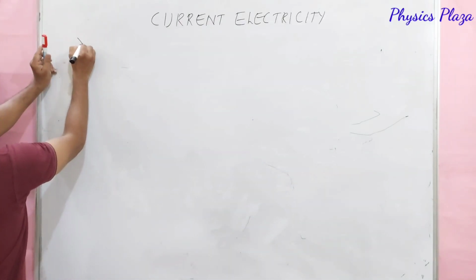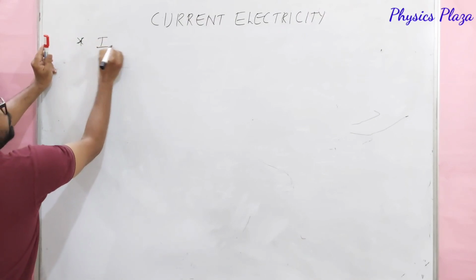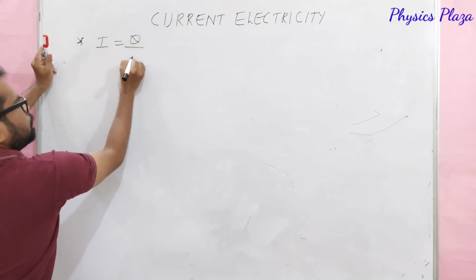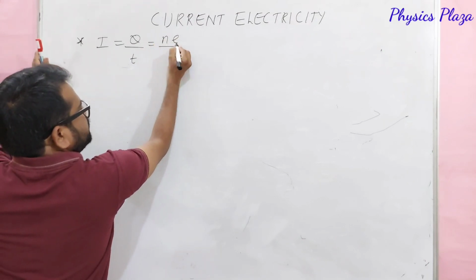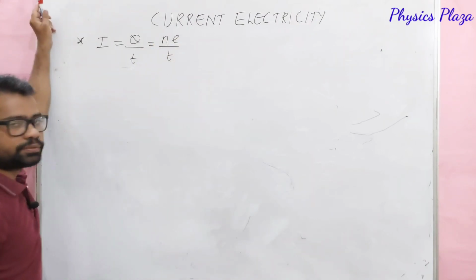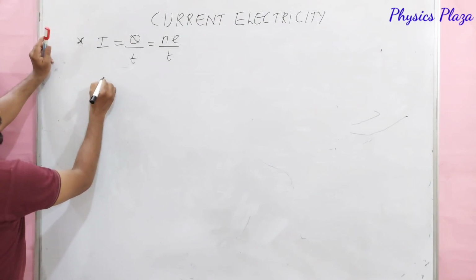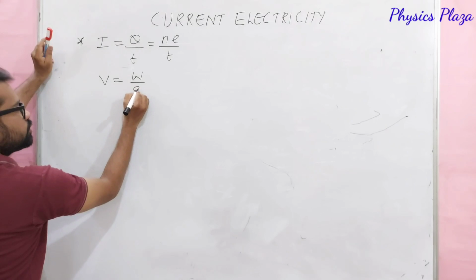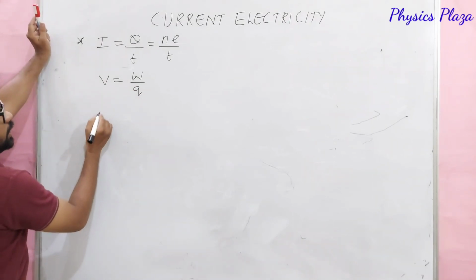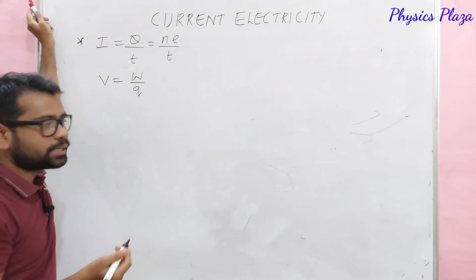First one we get is I is equal to Q by T, but Q can be written as the number of electrons into the charge of each electron, divided by time. And next one, potential is equal to work done by charge. Next, we will be talking about resistance, dear children.